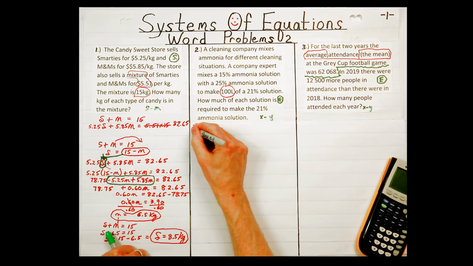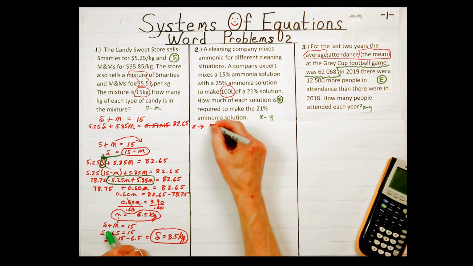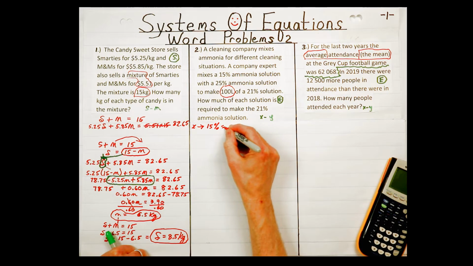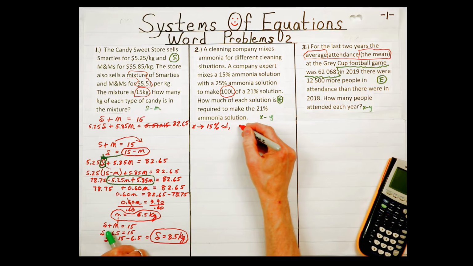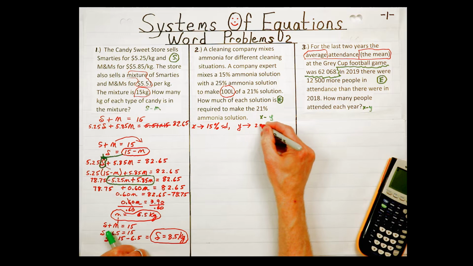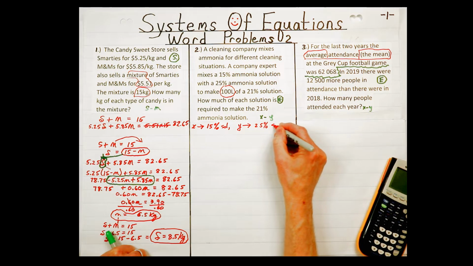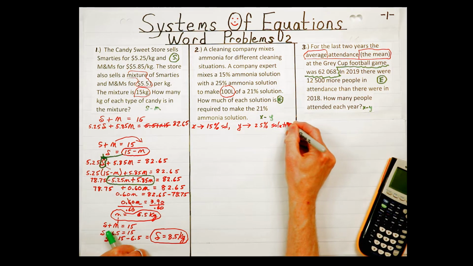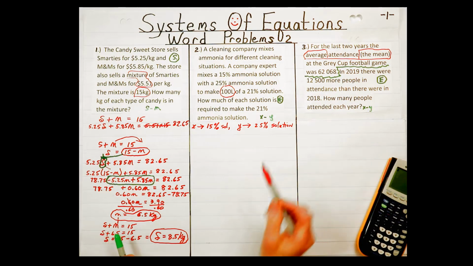So I'm going to say X will represent the 15% solution, and let Y represent the 25% solution. So we're going to use X and Y.